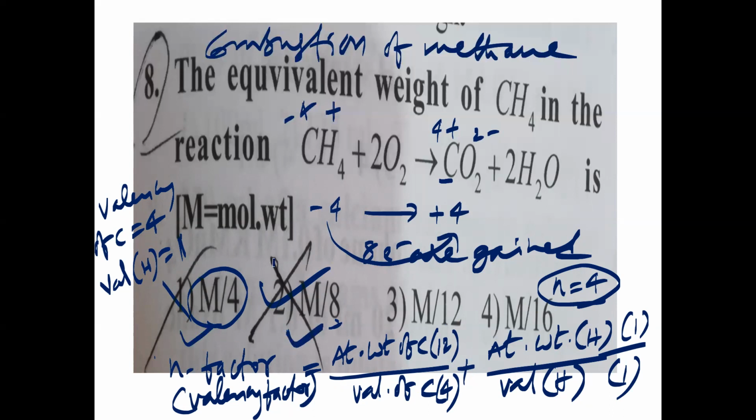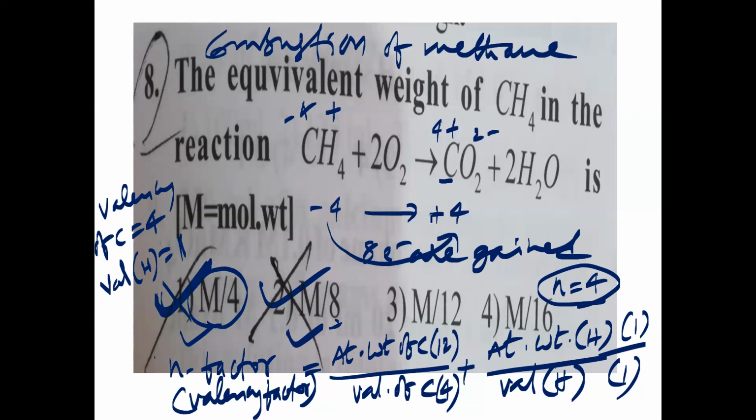As the CH4 molecule is a covalent compound, and here carbon is forming 4 bonds with 4 hydrogens, you take carbon valency as 4. And this concept you better take. So you take m by 4 only, instead of m by 8.